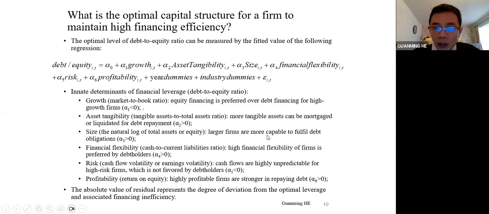Larger firms are more capable of fulfilling that obligation. So too are those firms that have high financial flexibility. So in these two cases, the company may consider raising more debt from the creditors. But the debt holders do not like bearing higher risk.